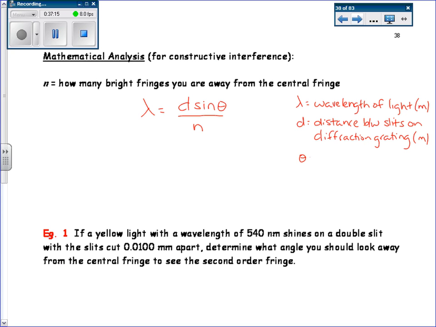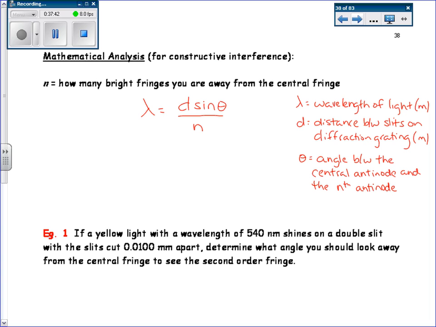And theta is the angle between the central fringe, or central antinode, and the nth antinode, so the antinode that you're looking at or using in the problem.